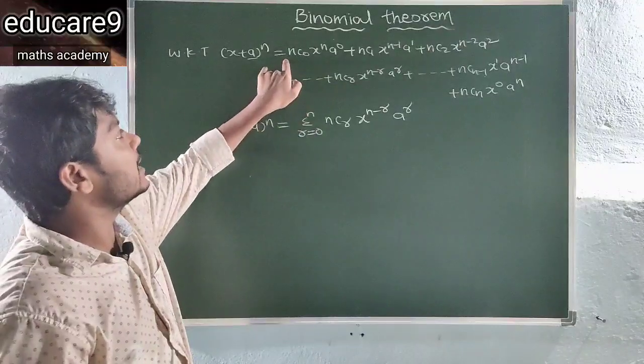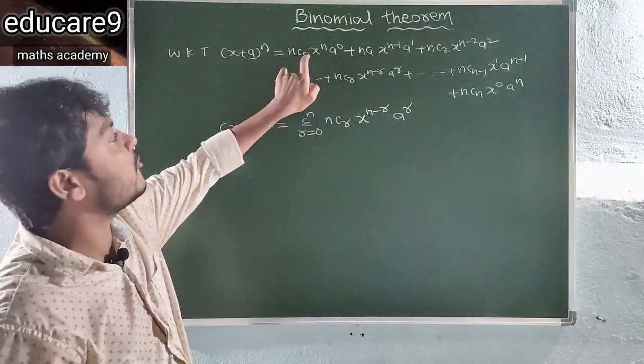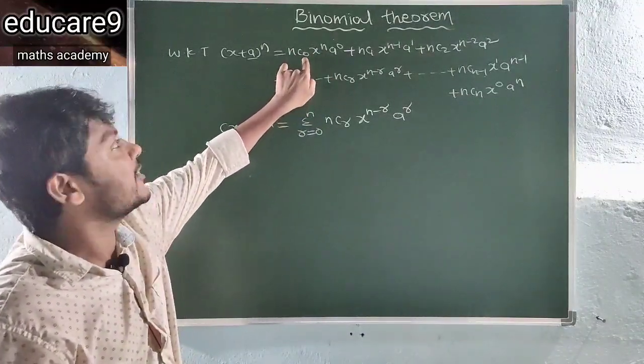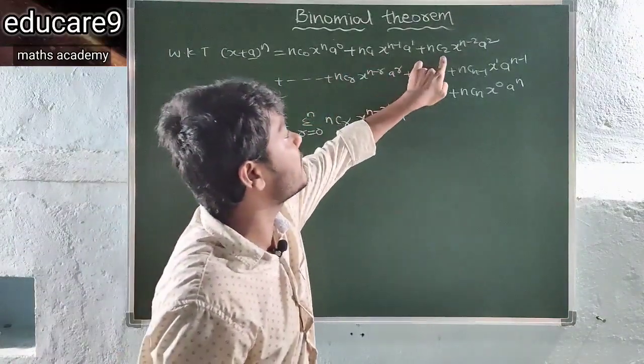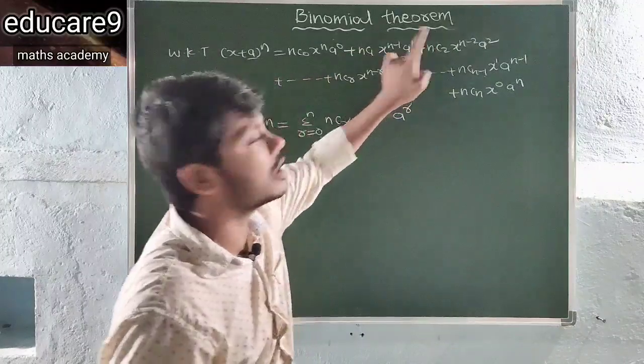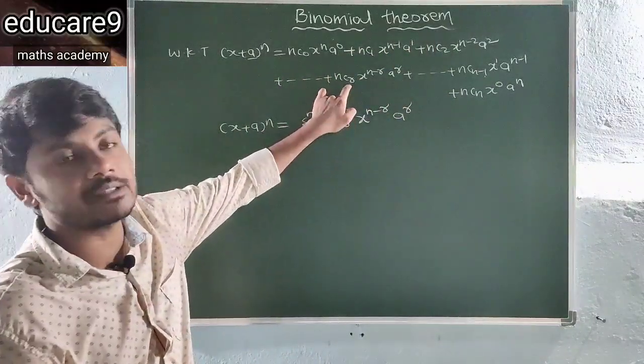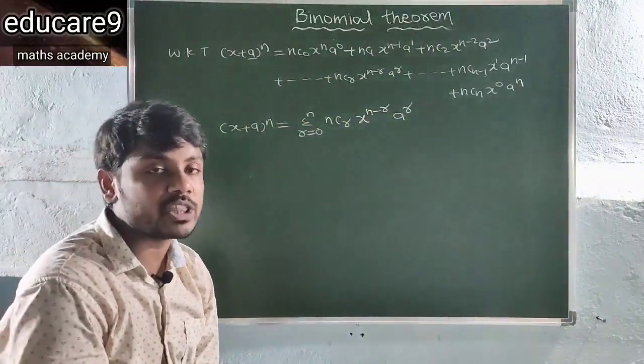So clearly nC0 x^n a^0 is the first term. Here suffix is 0. If suffix is 1, second term. If suffix is 2, third term. If suffix is r, clearly this is the (r+1)th term.